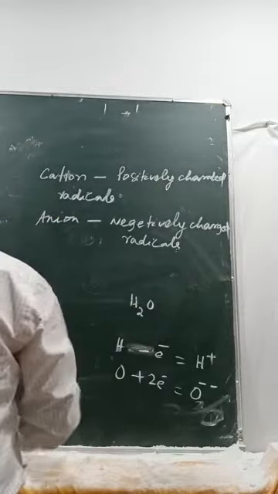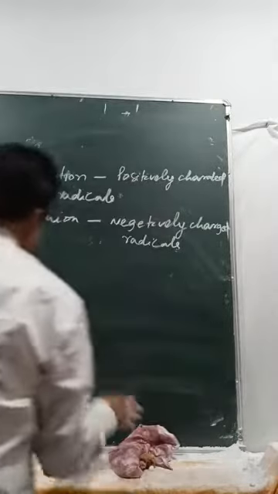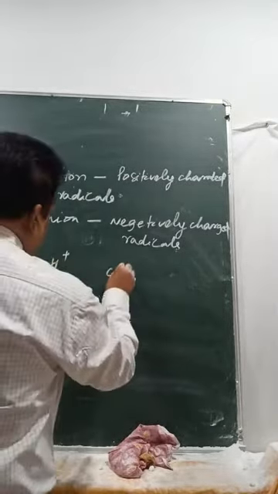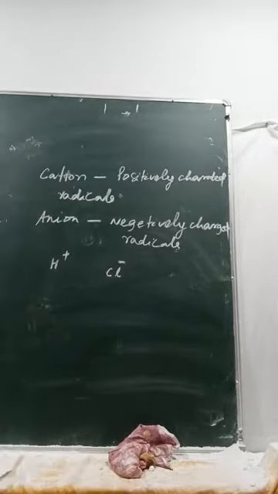Positive valency, what is positive valency? So what is it when I write H plus? What does it mean? What is Cl minus? What does it mean? So let's write down.